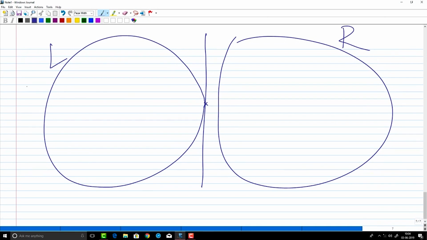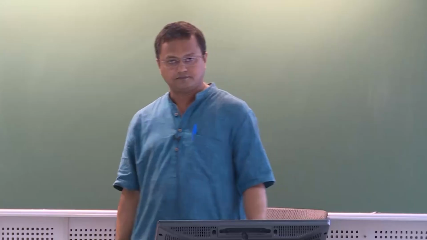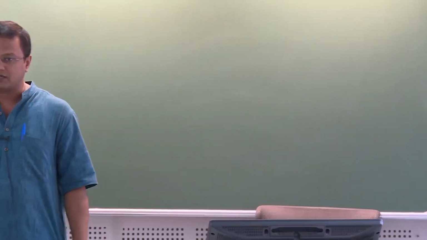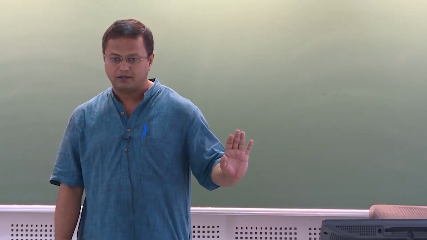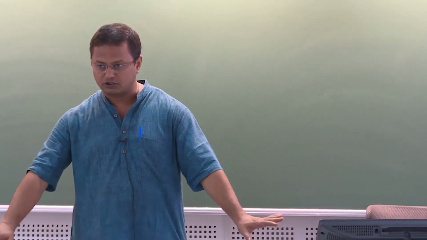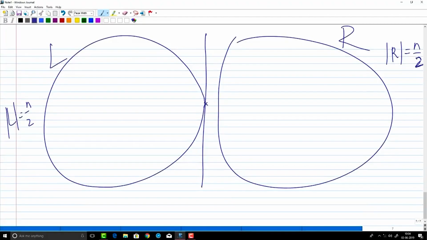So, I know that the cardinality of L is n by 2 and the cardinality of R is also n by 2. So, now recursion, right. I can solve for the closest pair in the left half, solve for the closest pair in the right half, and say I get this distance to be some delta L, and this distance to be some delta R.